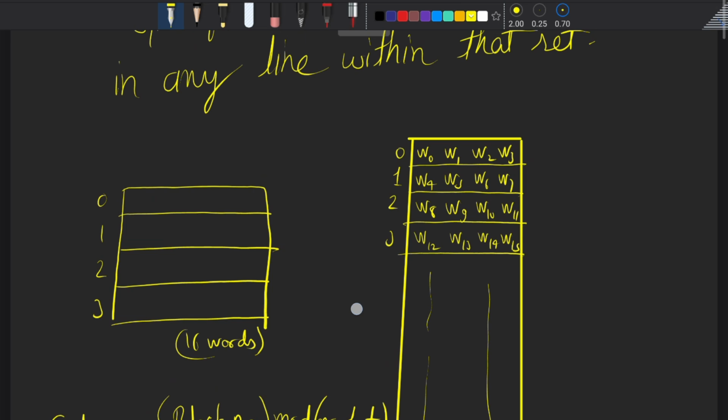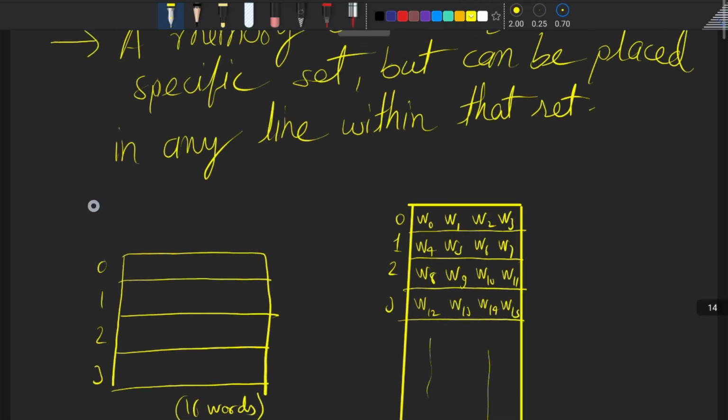And we will see a two-way set associative cache. So here it is an example of two-way set associative mapping.